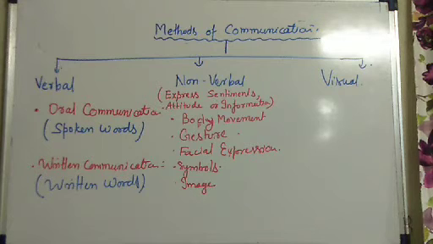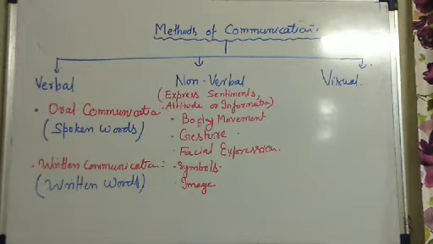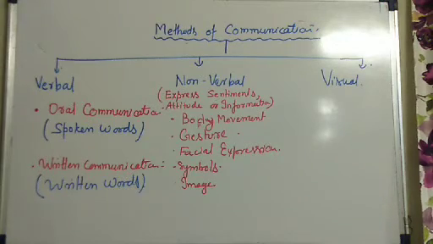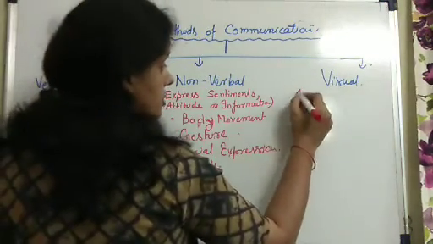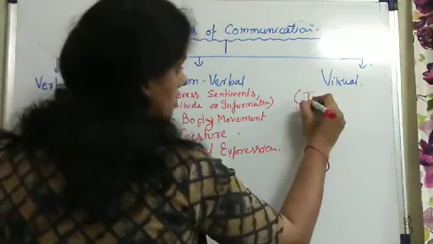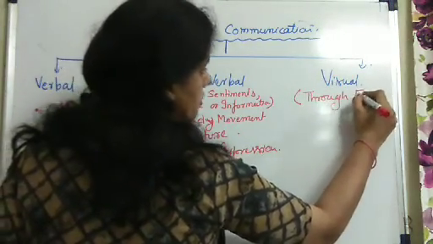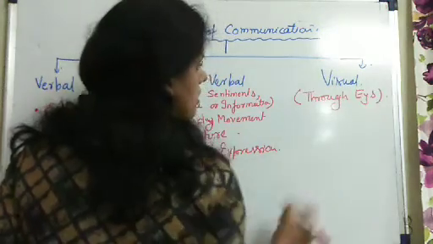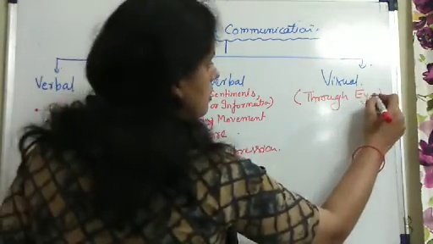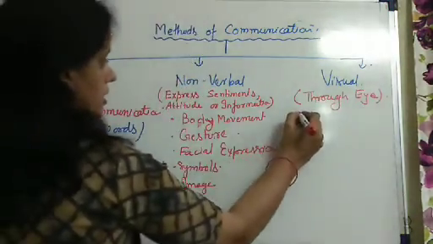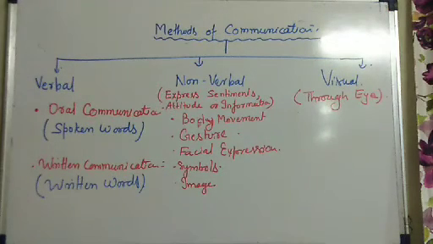Any ideas or information conveyed in visual form that can be seen through the eyes come under visual communication. Anything which can be seen through the eyes comes under visual communication.